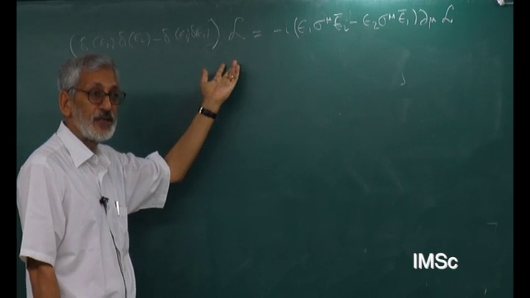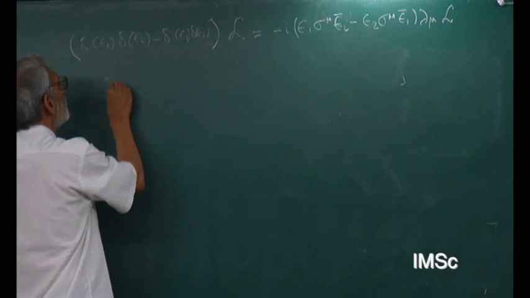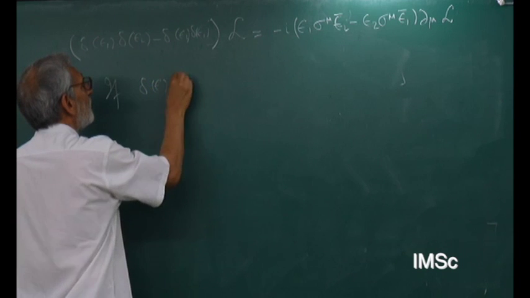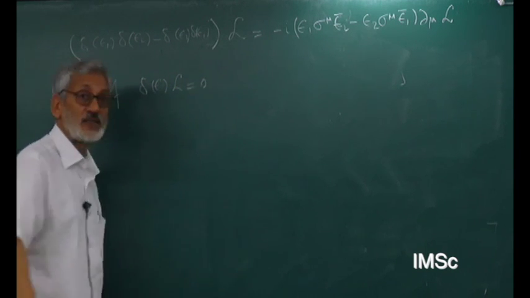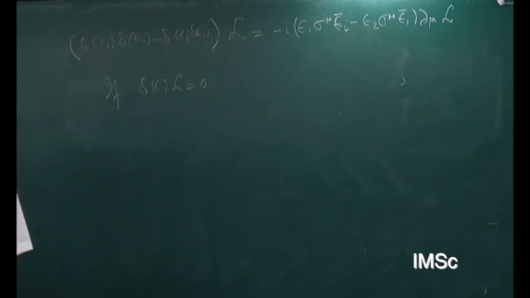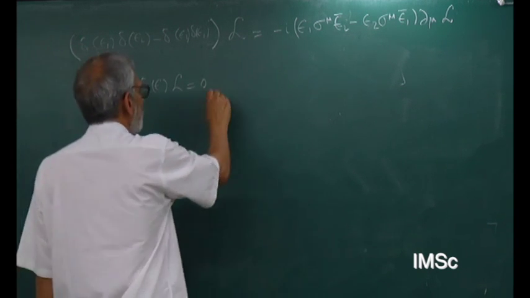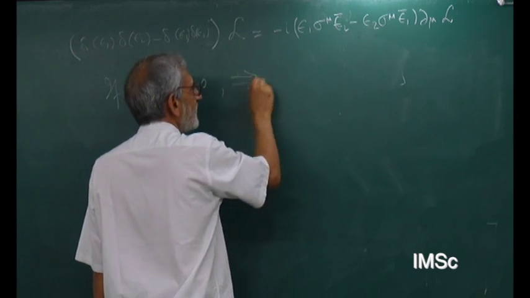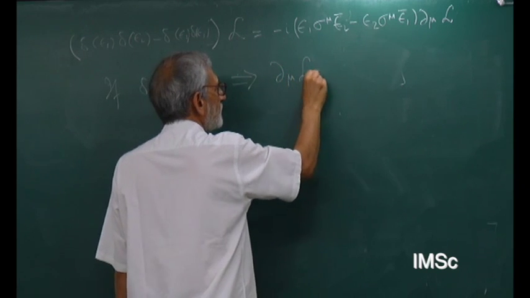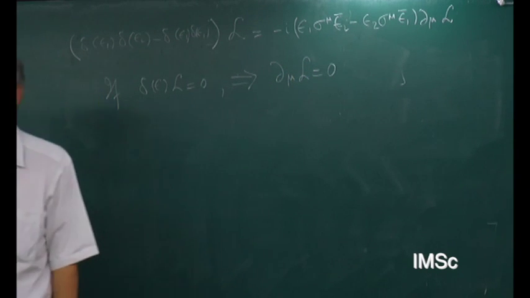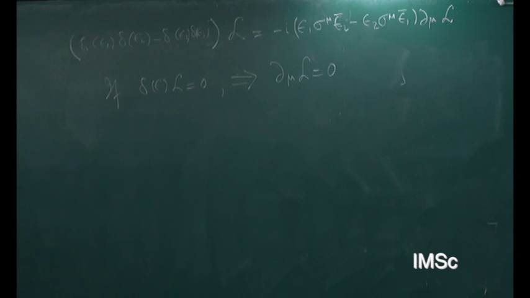Then the Lagrangian density will have to be a constant. Is that clear? So the Lagrangian can never be on its own supersymmetric invariant.